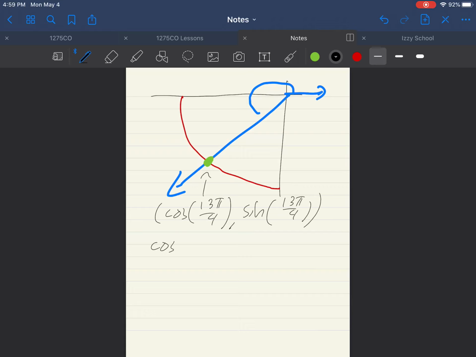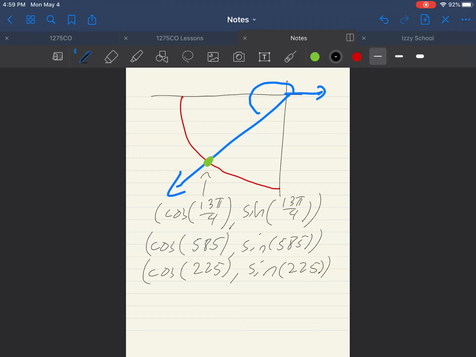But instead of using radians, we turn this into degrees. So we're actually looking for the cosine and sine values of 585 degrees. And furthermore, we were able to turn this into a coterminal angle. And now we are looking for the cosine and sine of 225 degrees. That's what we have here.